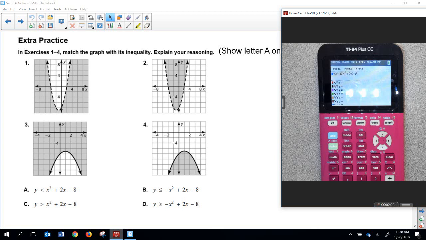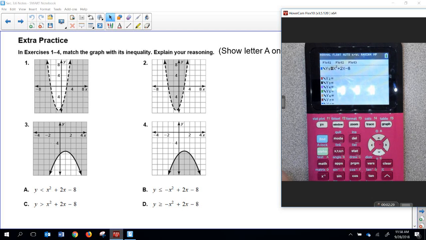If you go all the way over here to the left, you can change the way the calculator graphs this. If I just go ahead and hit graph now, it just graphs the parabola. But if I go back over here to this far left and hit enter once, and then come down here to line, I can arrow over.